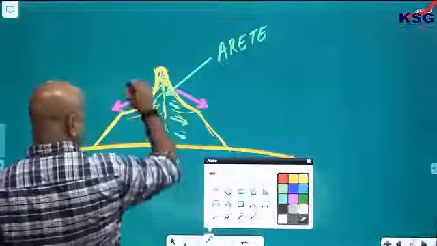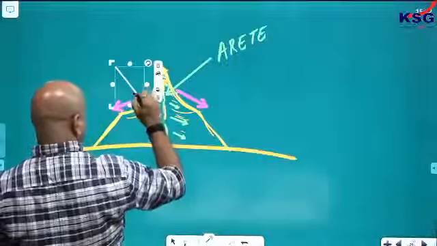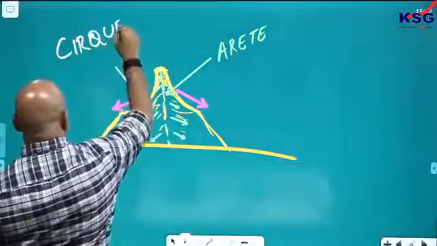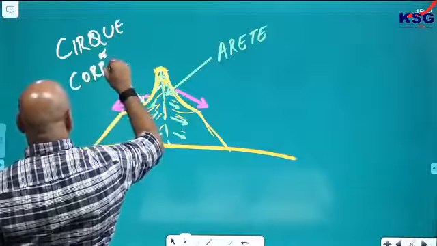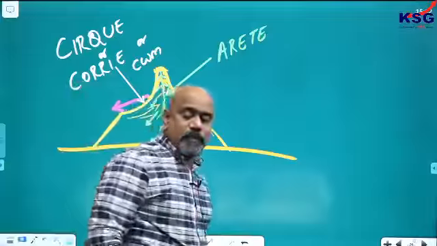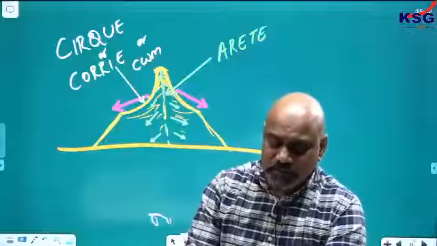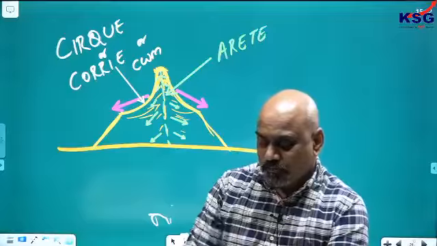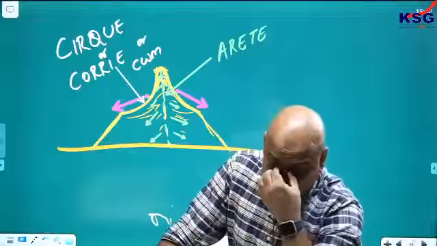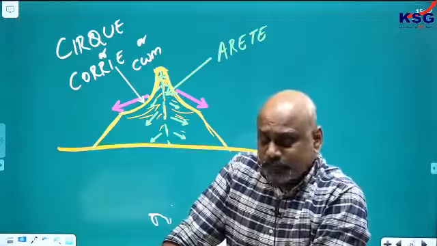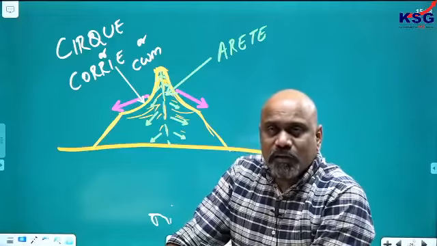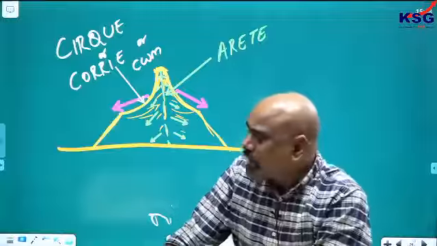What do we call this valley that has formed here? This is known as a sark, and a corrie, and a cwm. Sark and corrie and cwm. Can you see this sark, corrie and cwm? The U-shaped valley is developed by a glacier, and in the upper reaches you have an armchair-like landform.